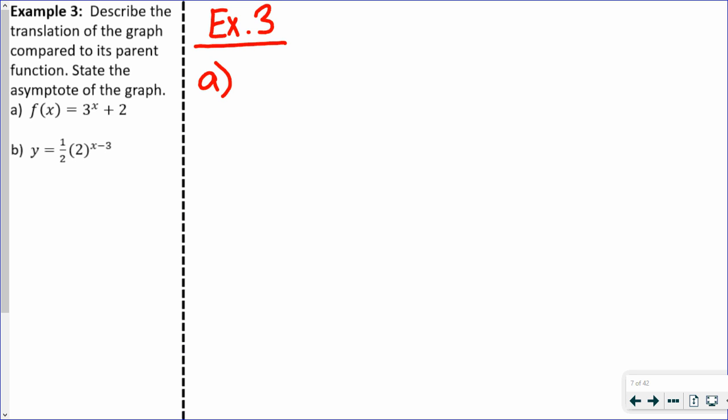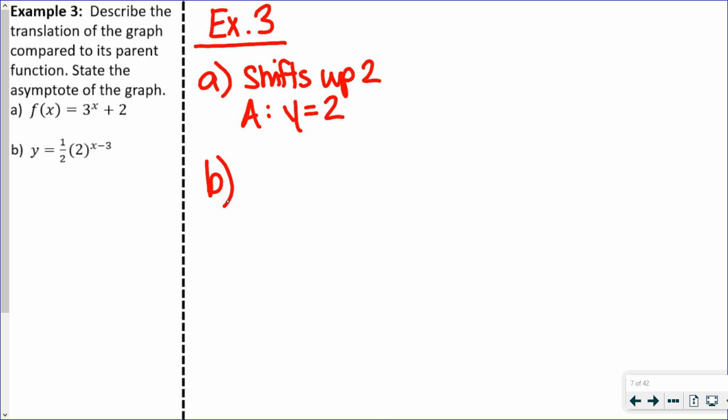Okay, so on part A, the comparison is it shifts up 2, and then the asymptote, which I'll just use capital A with the colon, is going to be y equals 2. Now you have to put y equals 2. If you just wrote 2, you would lose half a point because it's the equation of the line. So you need y equals with the number.